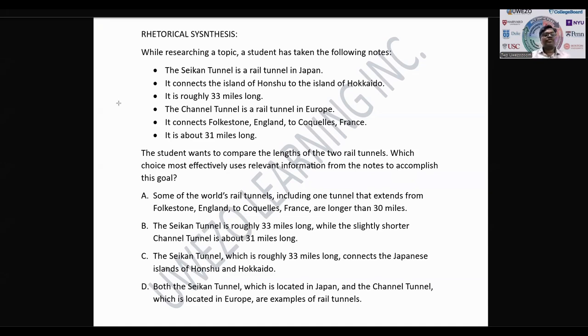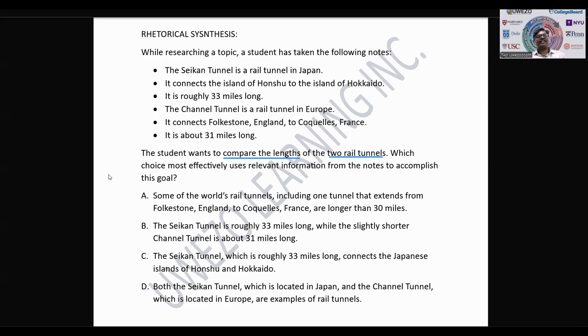So, any answer choice you want to pick as the right answer has to talk about two rail tunnels and should show a comparison in the lengths of the two rail tunnels. Any answer choice missing either of these two cannot be your right answer. Let's look at the first option.